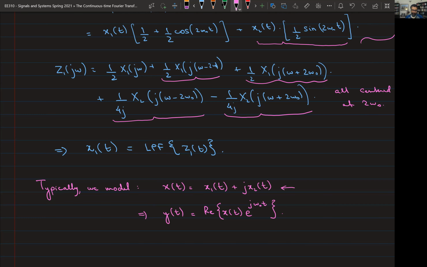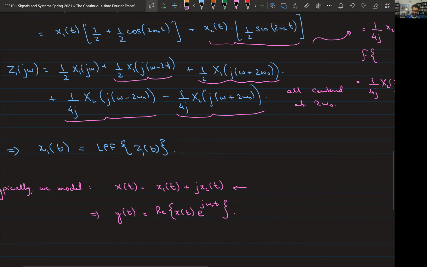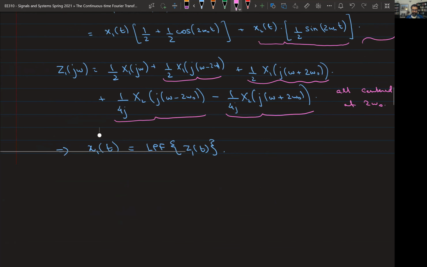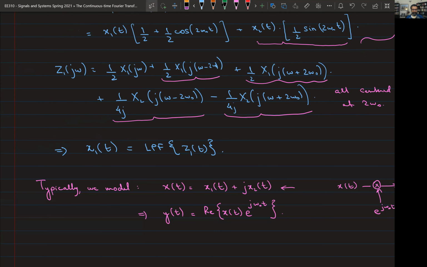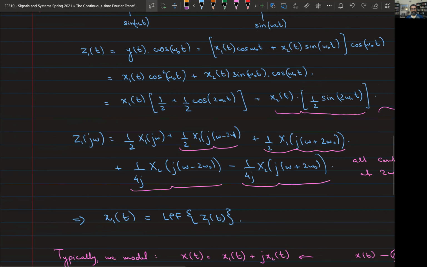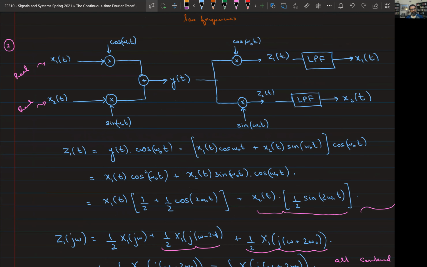And what is that construction? The construction is that I just multiply x of t by e raised to j omega naught t, that's it. So this would be my representation for those two parallel branches that I drew up above, on the left hand side.